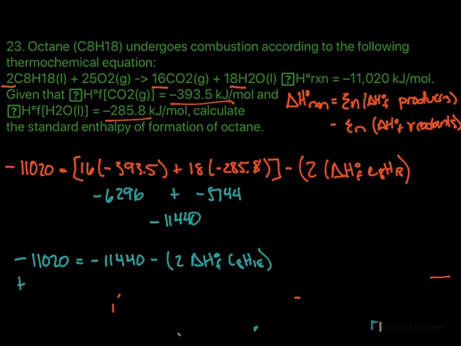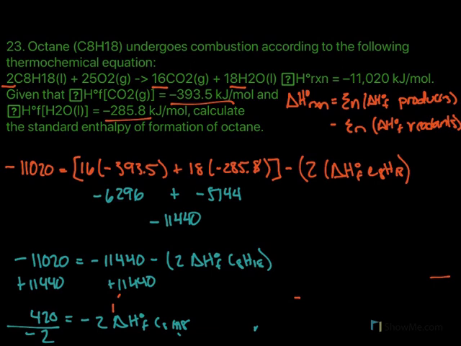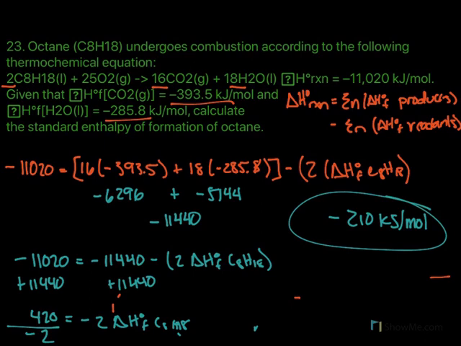So we can just add 11,440 to both sides. That will give us 420 is equal to negative 2 times the enthalpy of formation of octane. And now, if we divide 420 by negative 2, our answer will be negative 210 kilojoules per mole. It can't be any other unit because those are the only units we used.